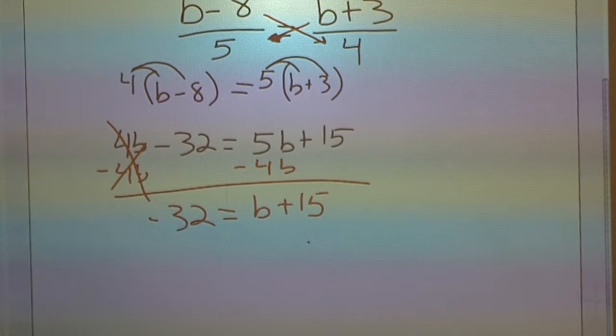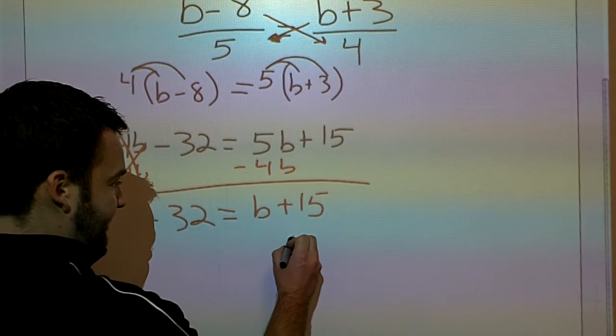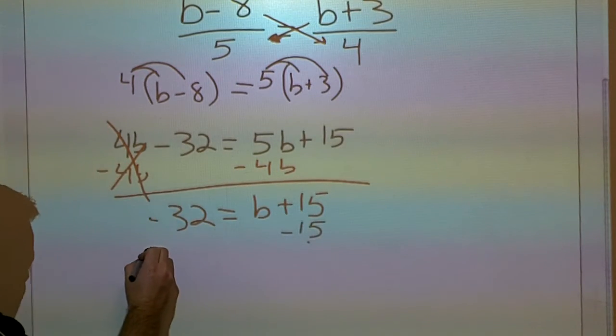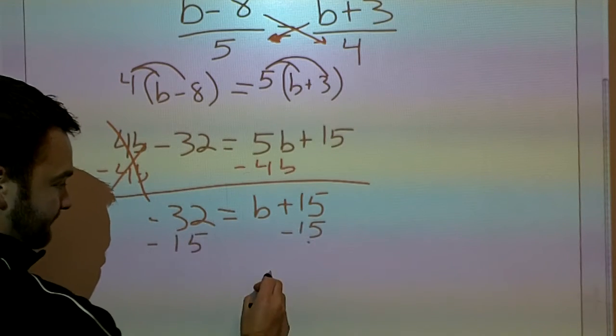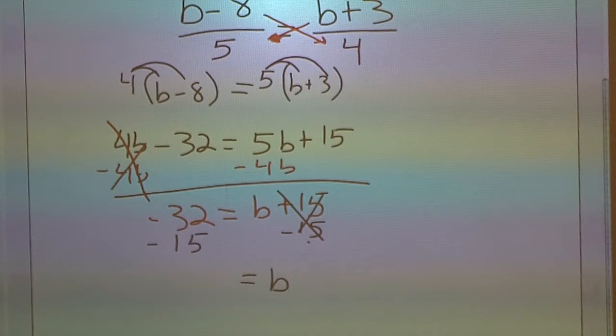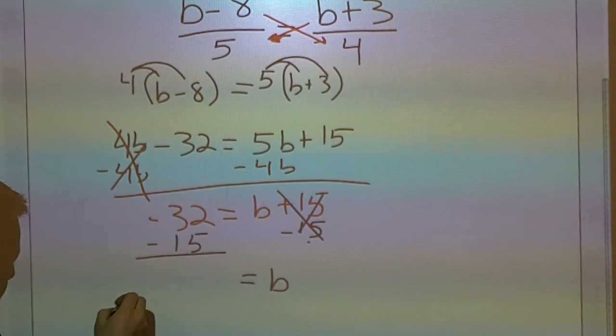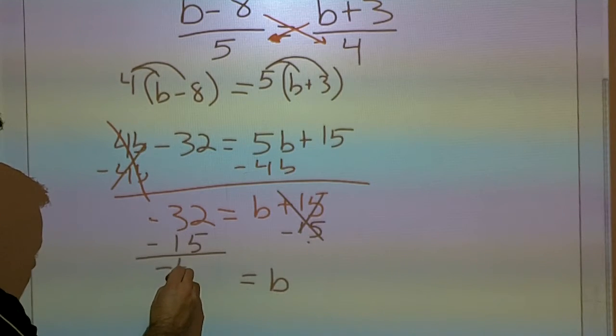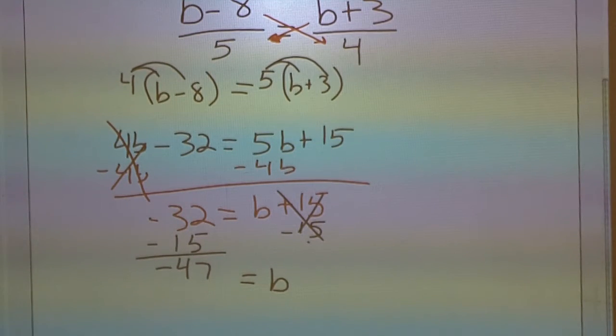To solve this, we subtract 15 from both sides. Negative 32 minus 15 is the same as plus a negative 15, so b equals negative 47. Again, we've got to stay clear on our rules of equality and equation rules in order to solve these.